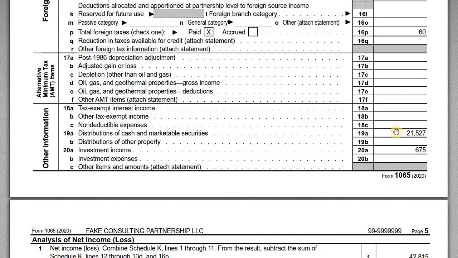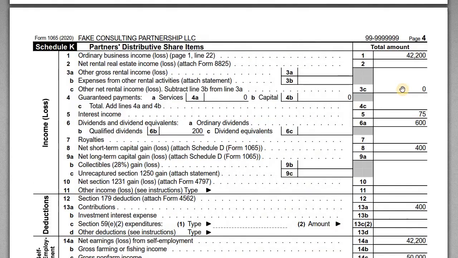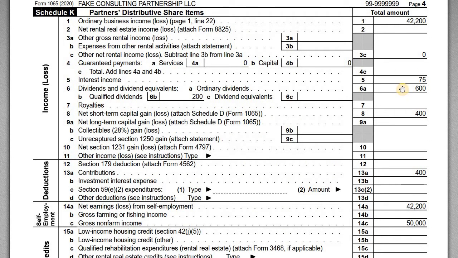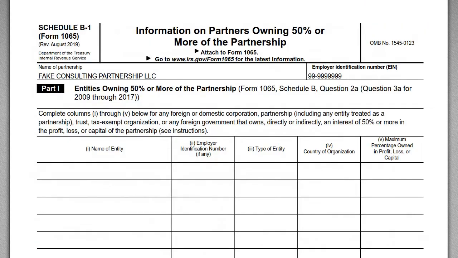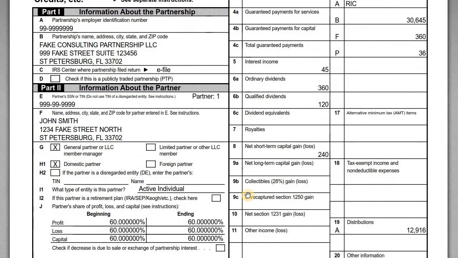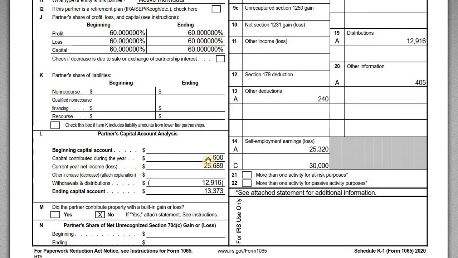And you'll note that on Schedule K, there is no line item to show how much cash was contributed by the partners during the year. That's only on the item L reconciliation for the partner. So let me go back here really quick. So down here, when we were talking about John, right, he put $600 in. The $600 that he contributes is really only reported here and then on the company's balance sheet section in the M2 section.